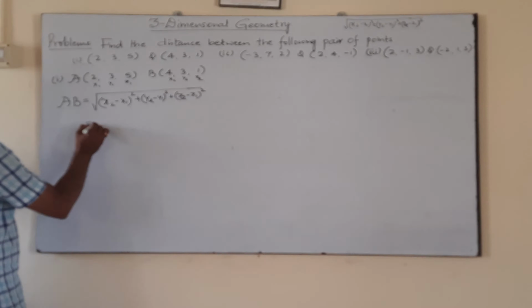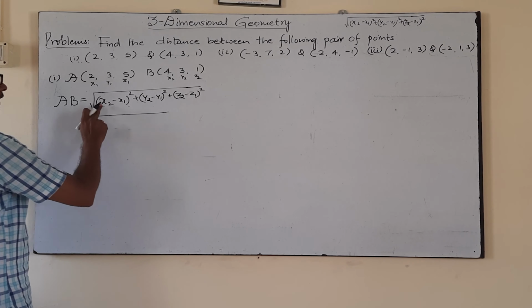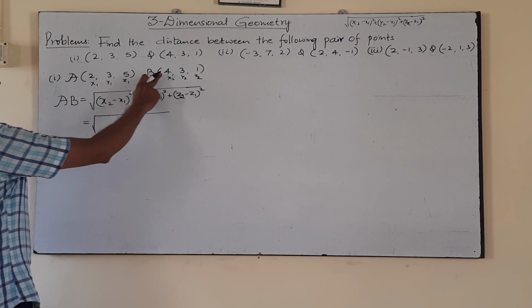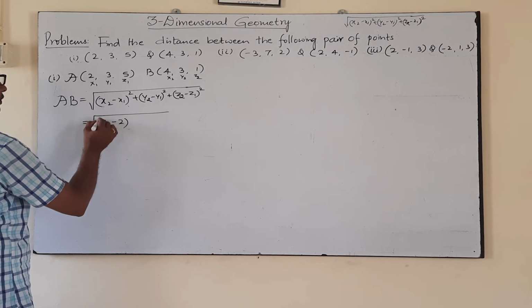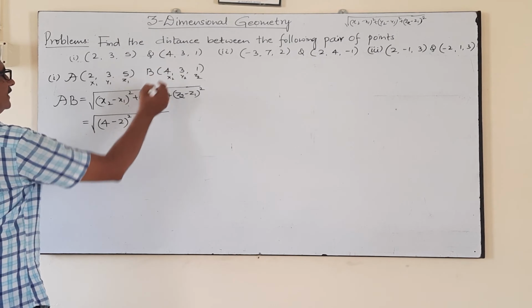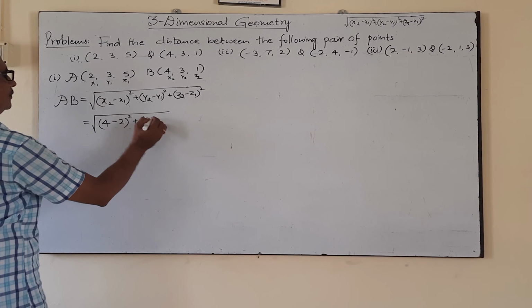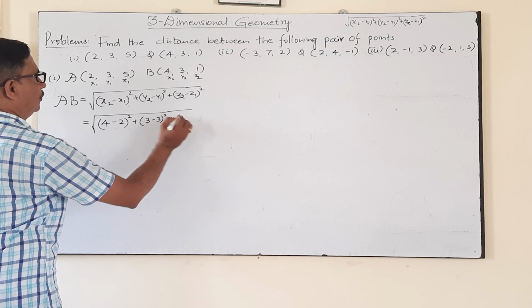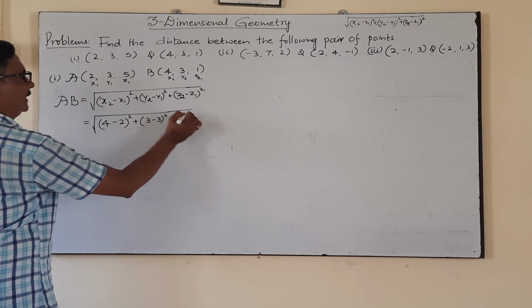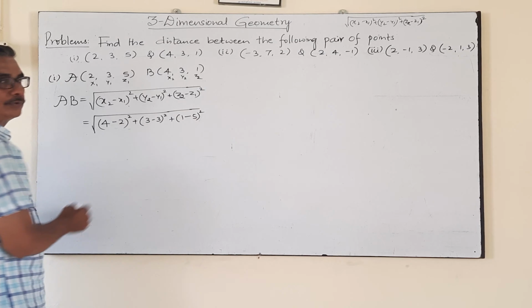Substituting the values, under root of x2 minus x1. What is the x2 value? 4 minus x1 value 2, to the power of 2. What is y2? 3 minus y1 is also 3, to the power of 2, plus z2 value 1 minus z1 is 5, to the power of 2.